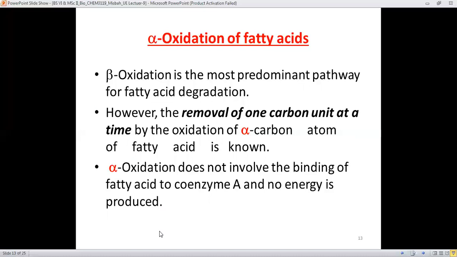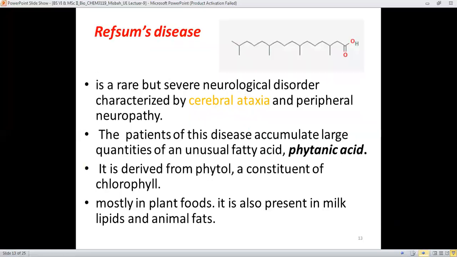And alpha oxidation doesn't involve the binding of the fatty acid to coenzyme A, and unless the fatty acid is bound to the CoA, there is no energy yielded.